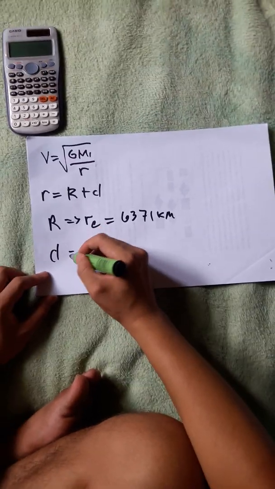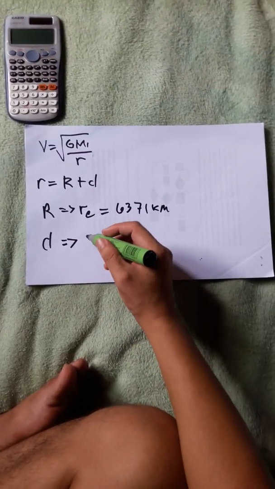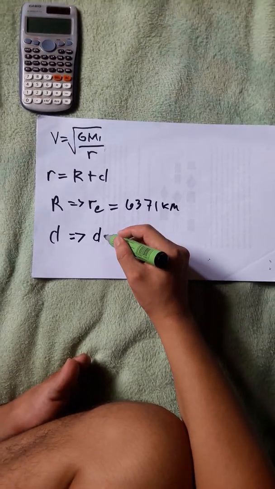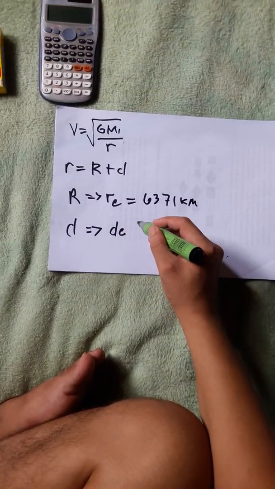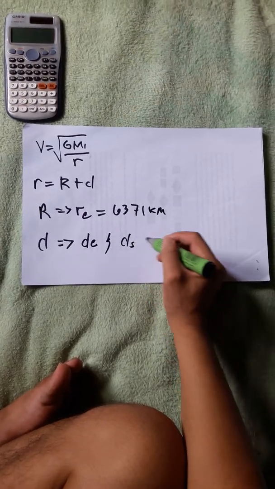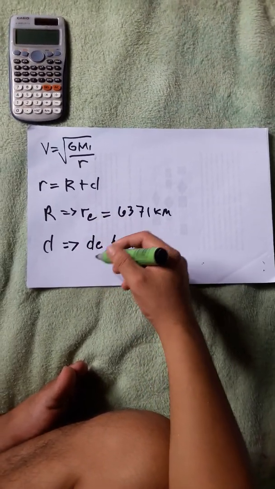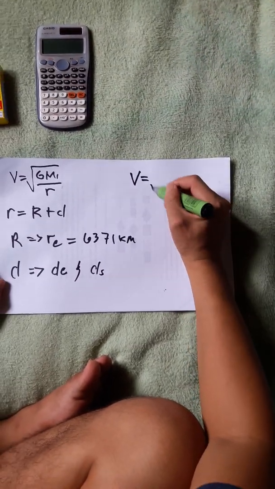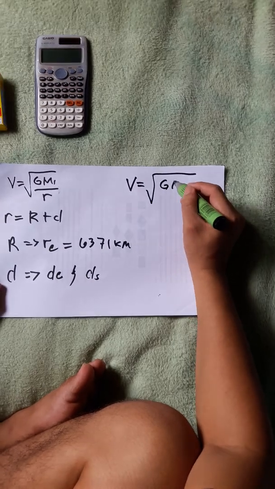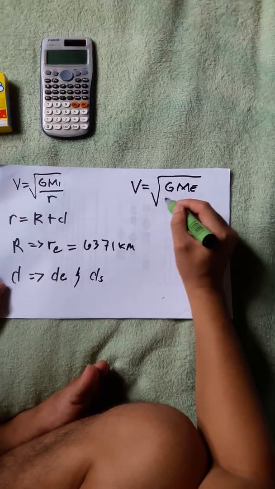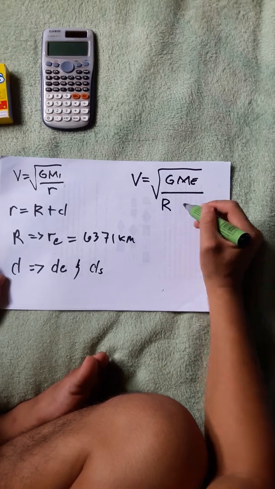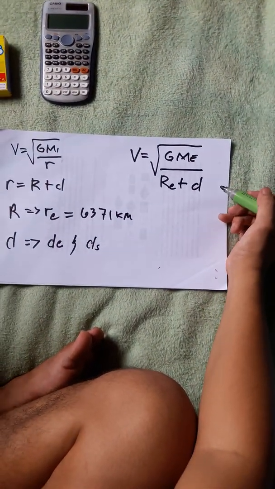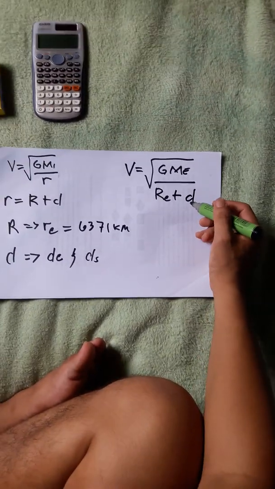And D is the distance between the Earth and the satellite. So, we get our final equation. Here, V is just equal to the square root of G times mass of the Earth over R, which is the radius of the Earth, plus D, which is the distance between the Earth and the satellite.